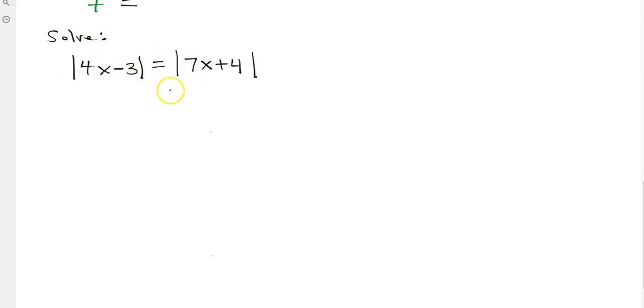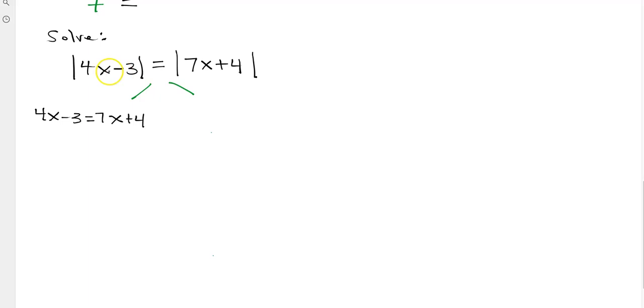So on this one, when we are solving it, we don't have anything to get by itself. And they're not going to ever have anything next to it. It'll just always be like this, where it's an absolute value equals another absolute value. But it's the setting up of the two equations that sometimes throws people off. So again, the first one is just the same without the absolute value. So 4x minus 3 equals 7x plus 4.